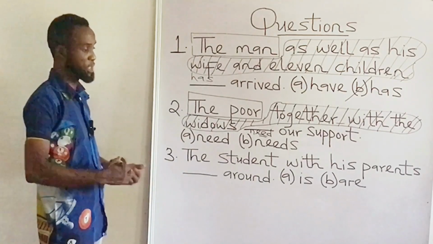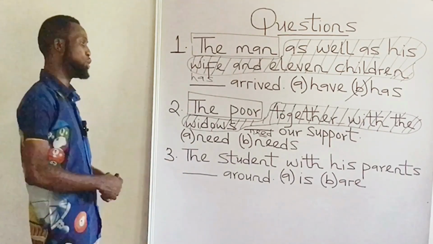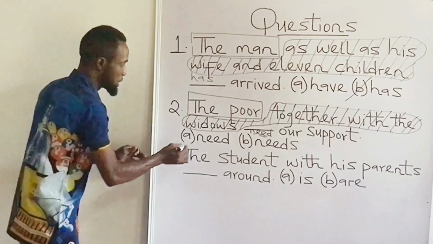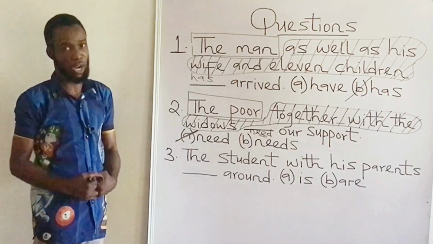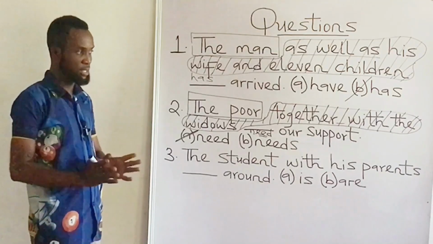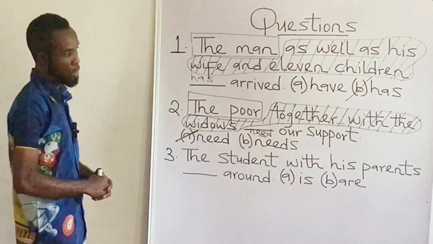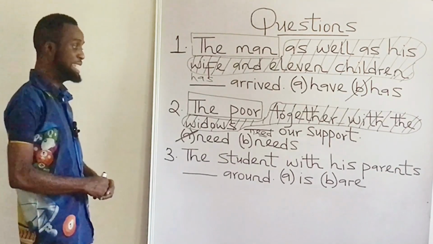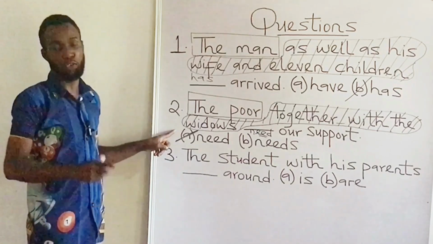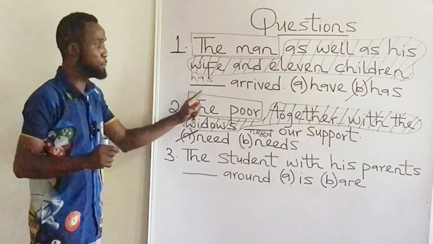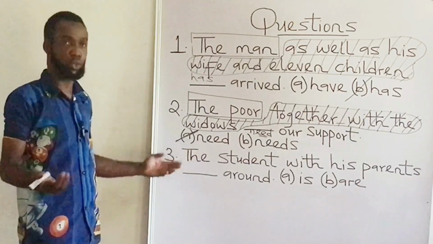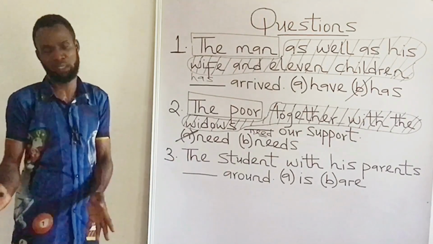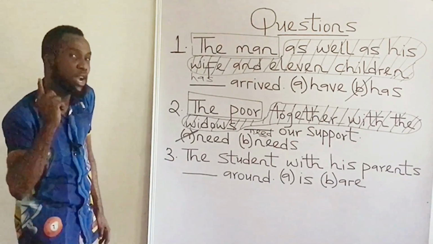And if you look at the options, you will find out that the only correct option is option A, need. To show that we are correct, let me rephrase the sentence. The sentence is, the poor together with the widows need our support. If I rephrase it, I will have the poor need our support together with the widows. And that shows that our answer is correct.